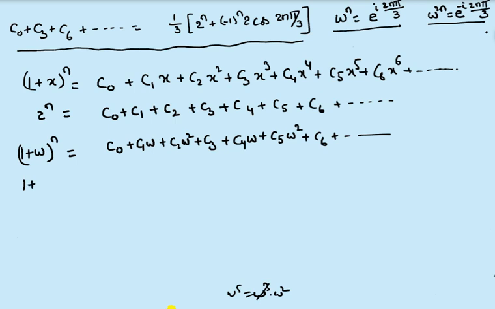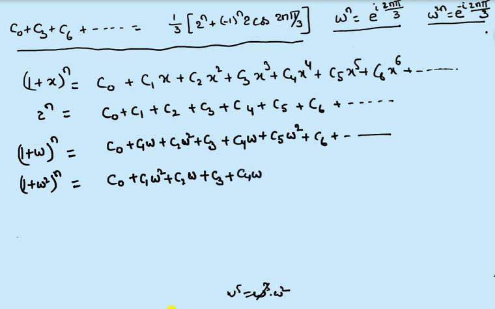Next put x is equal to omega square. 1 plus omega square whole to the power of n is equal to c0 plus c1 omega square plus c2 omega power 4, which can be written as omega, plus c3 omega power 6, that is 1, plus c4 omega power 8, omega power 8 means what we can write?